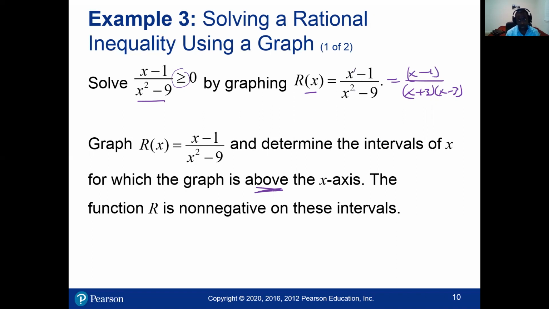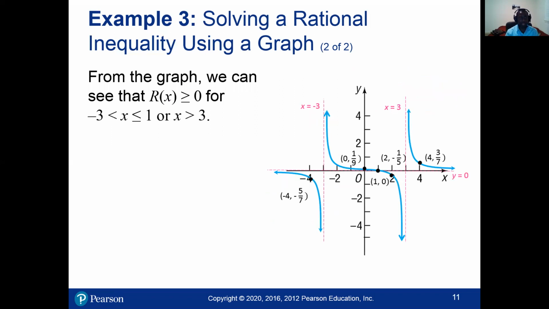The degree of the numerator is 1 and the denominator is 2, which is less. So the line y equals 0 is your horizontal asymptote. We know how to do this from section 4.4. So we want to graph this function. Got my vertical asymptotes, right? Then my horizontal asymptote is what?